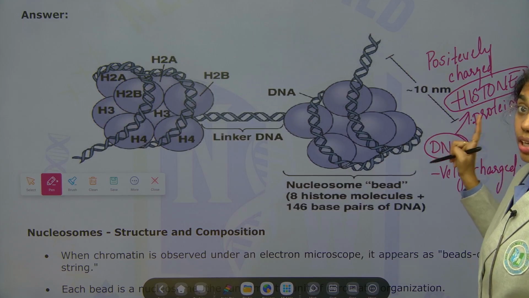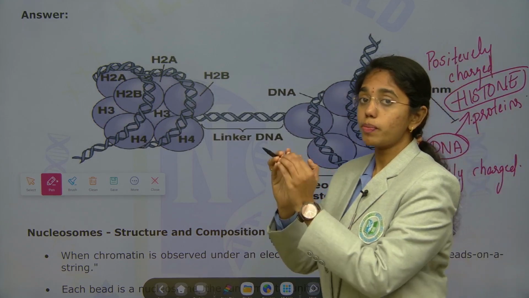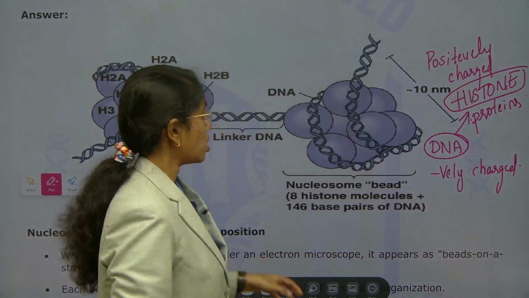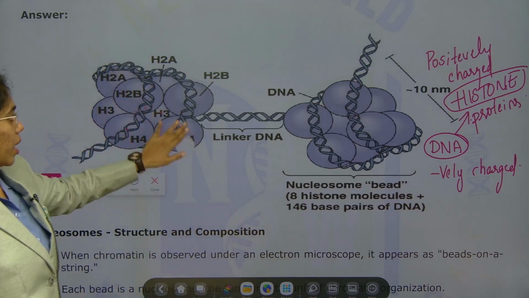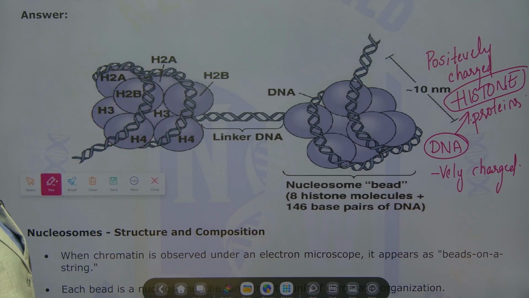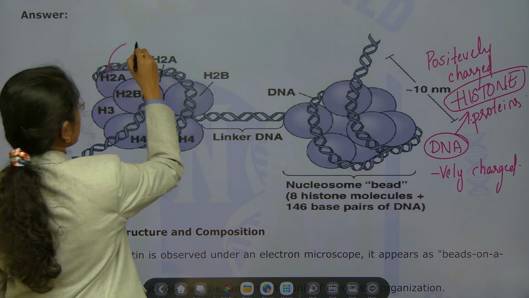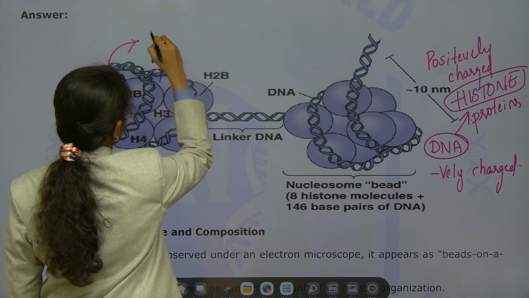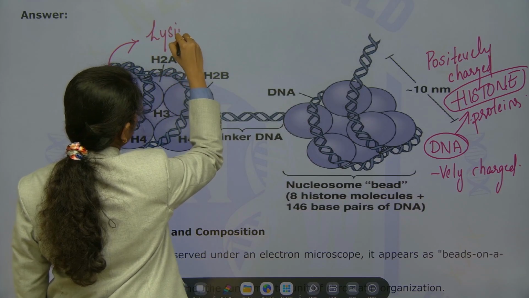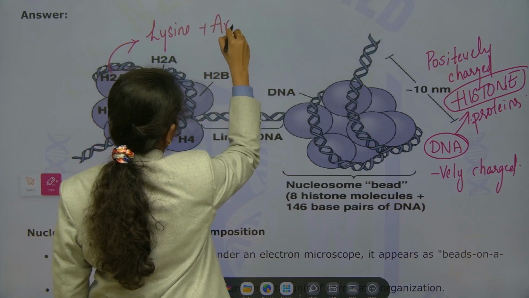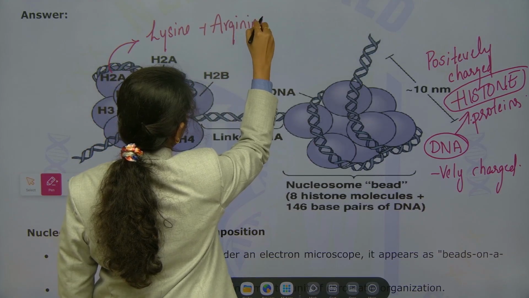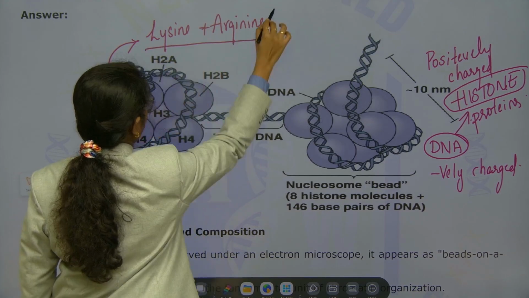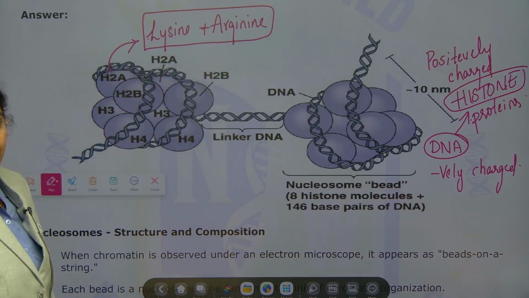The negatively charged DNA will get condensed by positively charged histone proteins. How is histone protein positively charged? Histone proteins are positively charged because they consist of basic amino acids like lysine and arginine.